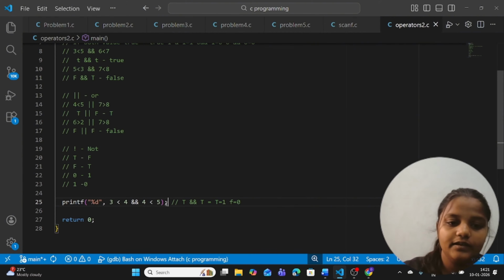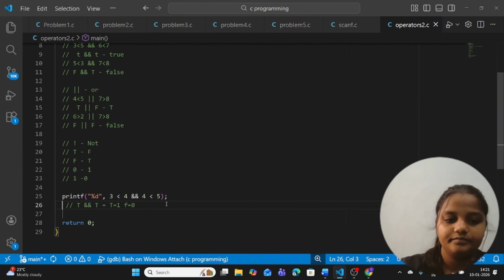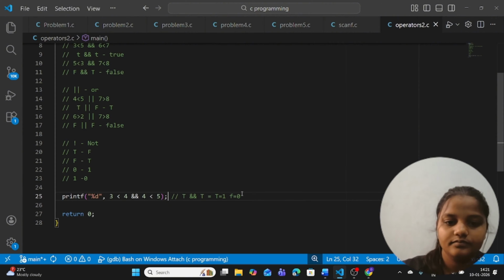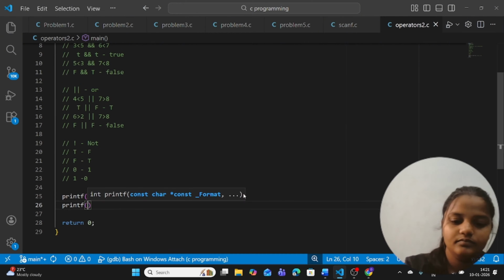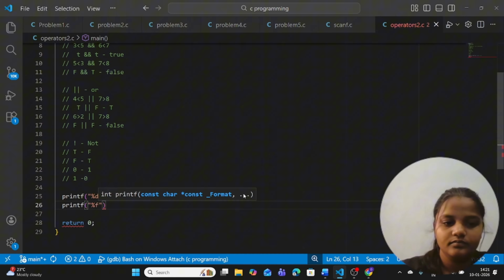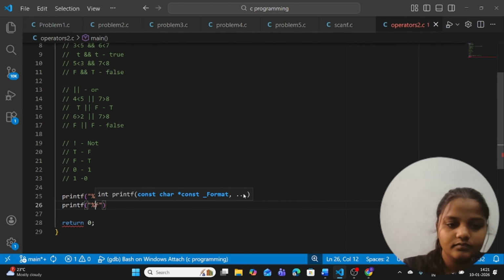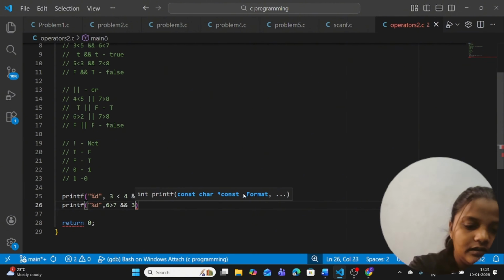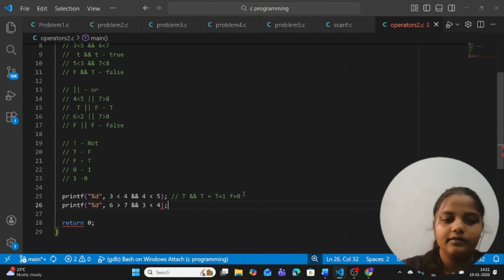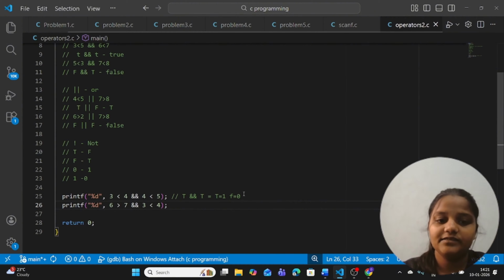See, if I give 6 greater than 7 and 3 less than 4, here what will happen? 6 greater than 7, is it true?